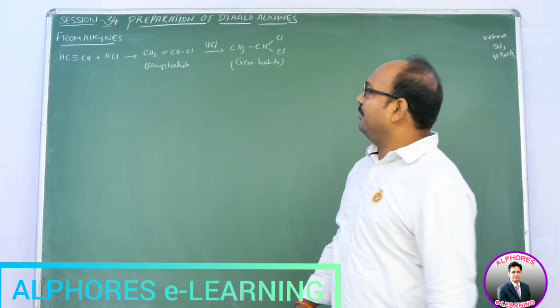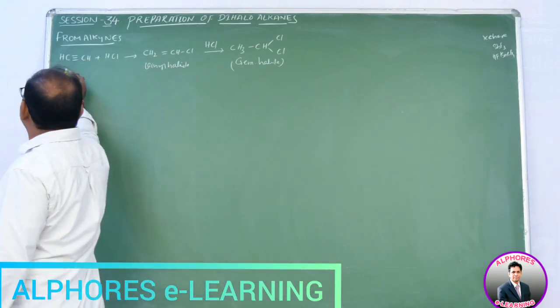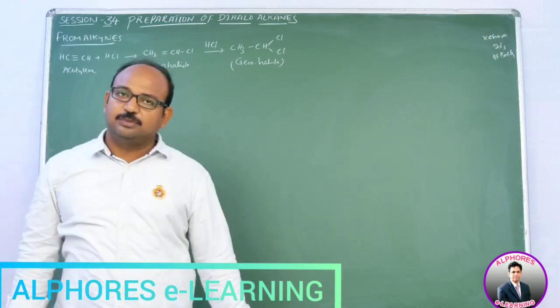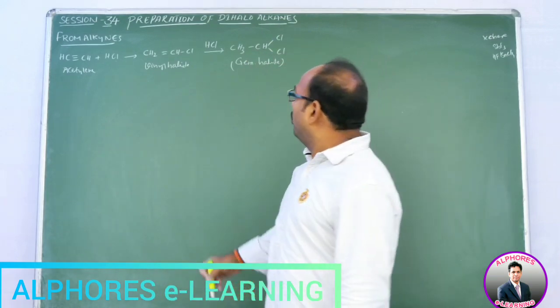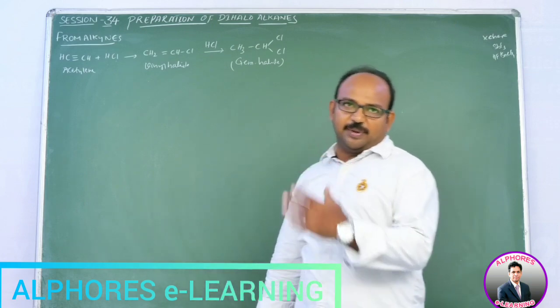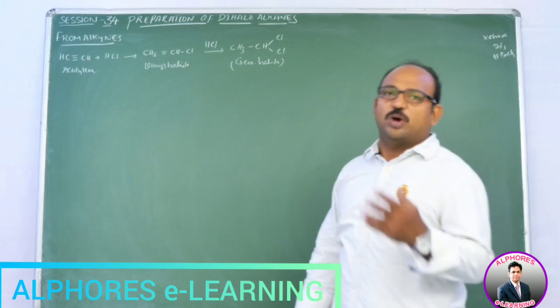Sir, first you mentioned that acetylene upon addition of HCl gives vinyl chloride. After formation of vinyl chloride, both the double bonded carbon atoms are not in the same environment. One double bonded carbon is attached to 2 hydrogens and the other double bonded carbon is attached to 1 hydrogen and 1 halogen.